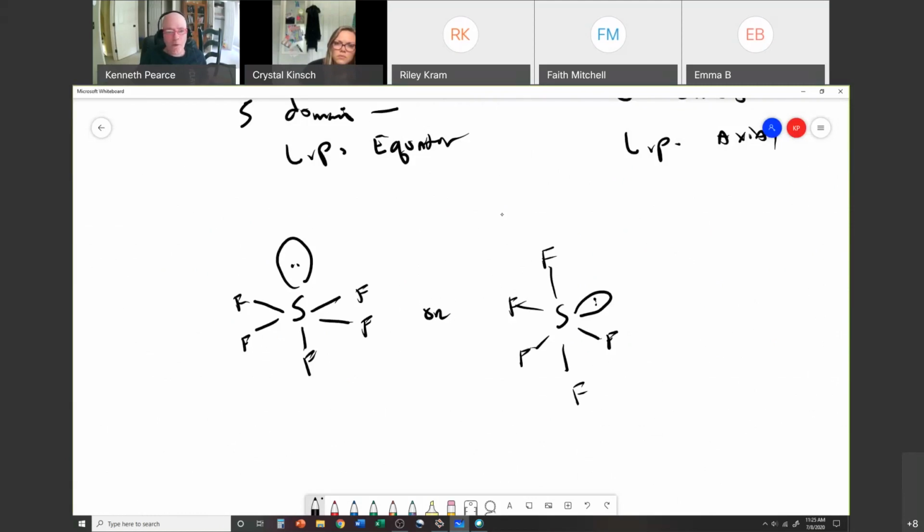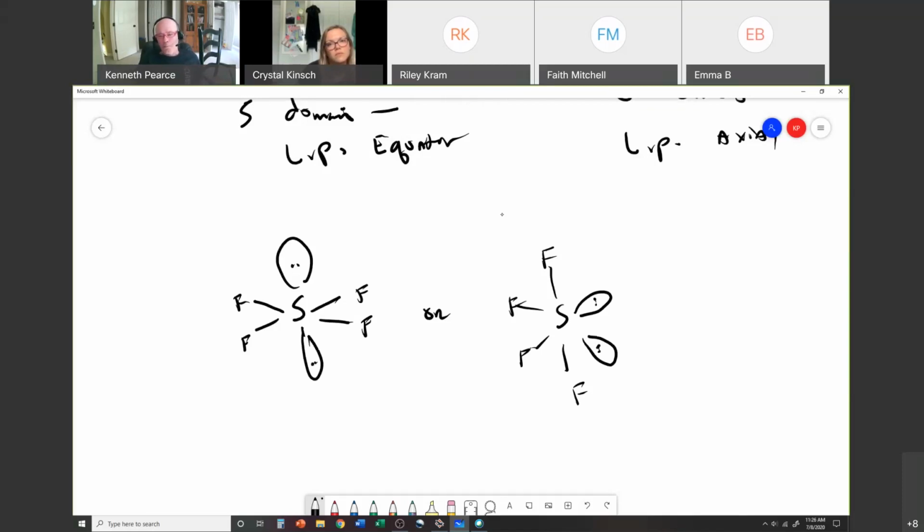As a matter of fact, let me replace this one with a lone pair. Why not? That way they're not equivalent structures. Okay, which one would you prefer?